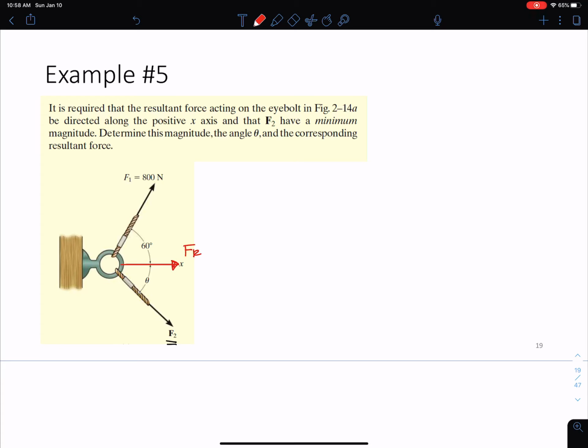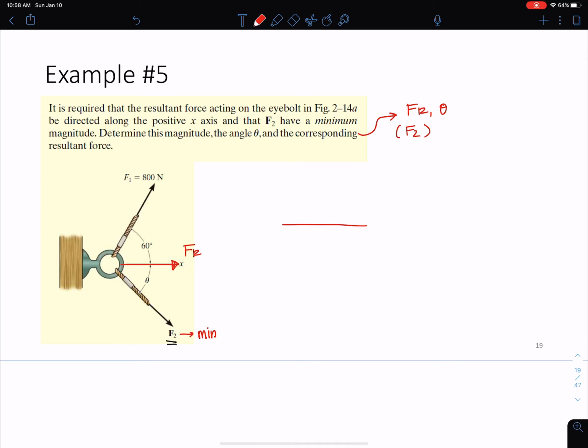And we know that F2 needs to be minimized. We want to determine the magnitude and the angle theta corresponding to the resultant force. So what we want here is FR, theta, and for good measure, let's determine F2 as well. Okay, so I'm going to use the triangle rule here.